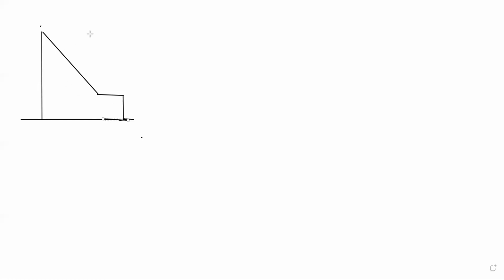That's why I'm drawing this. So this is the point A where he started, and he goes to the point B, moving on this ice floor, and after that he takes a jump from the point B and reaches one topmost point.